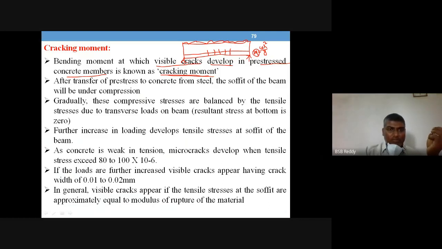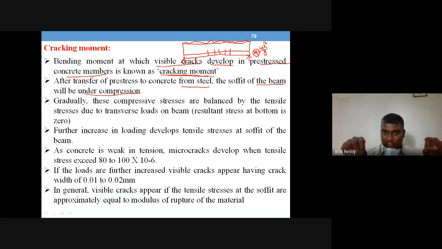After transfer of pre-stress to concrete from steel, the soffit of the beam will be under compression. That is the initial stage. After tensioning the tendons, once you cut or remove the jacking, the tendon is going to come back to its original position, but the concrete surrounding the tendon will not allow it, because the concrete has gripped the tendon.